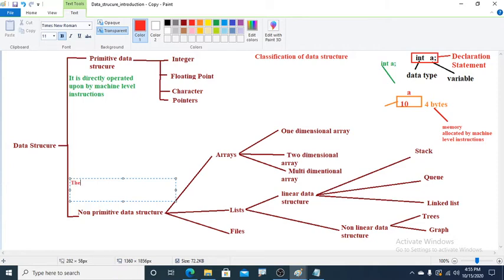Generally these are the complex data structures. These are derived from the primitive data structures. Non-primitive data structures are classified into arrays and lists and files.